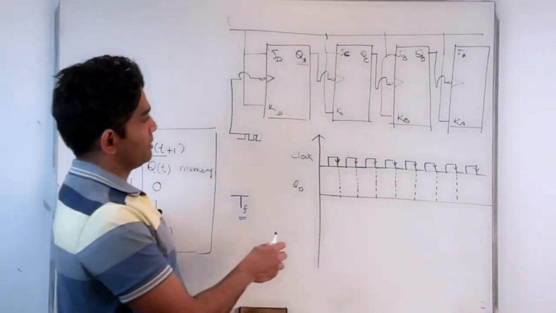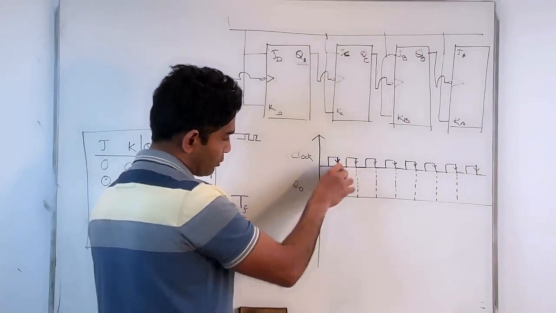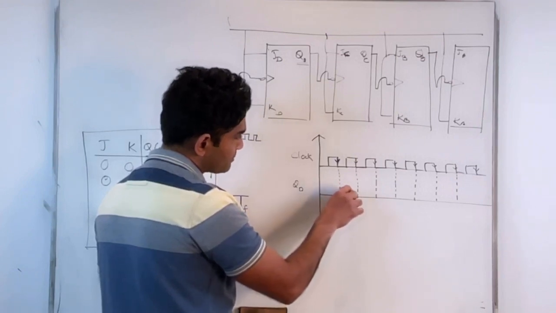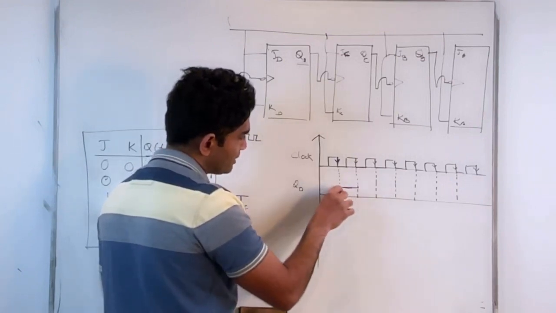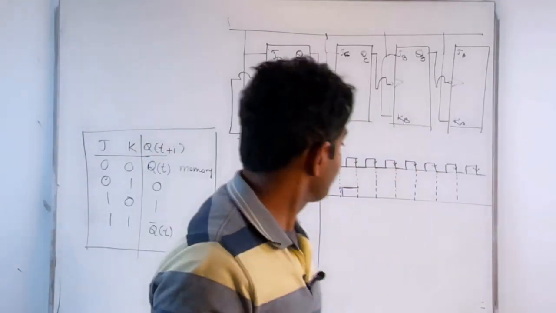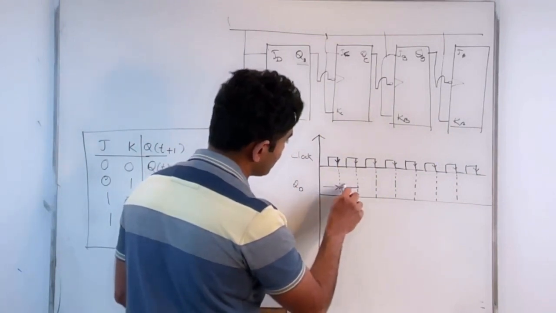That means this is the active edge. My flip-flop, instead of switching right on the active edge, would switch after a timing delay of TF seconds. I don't know if you are able to see that, but this particular interval is my TF.